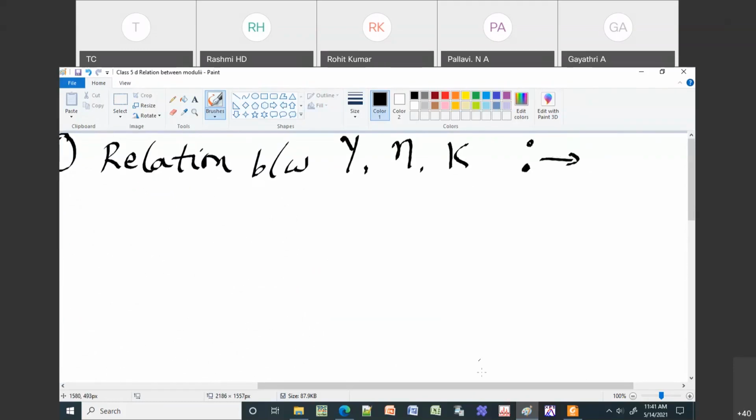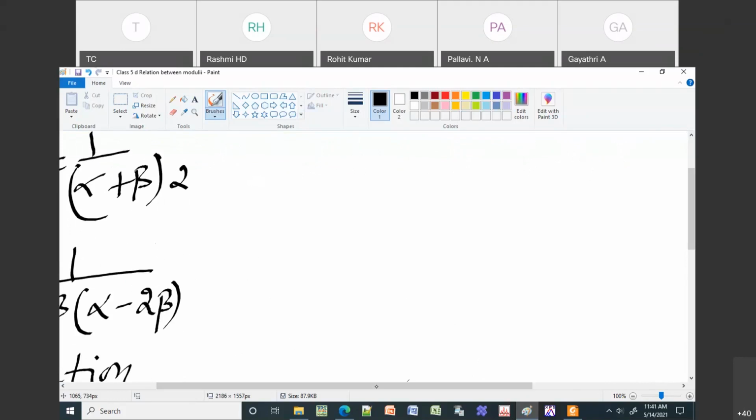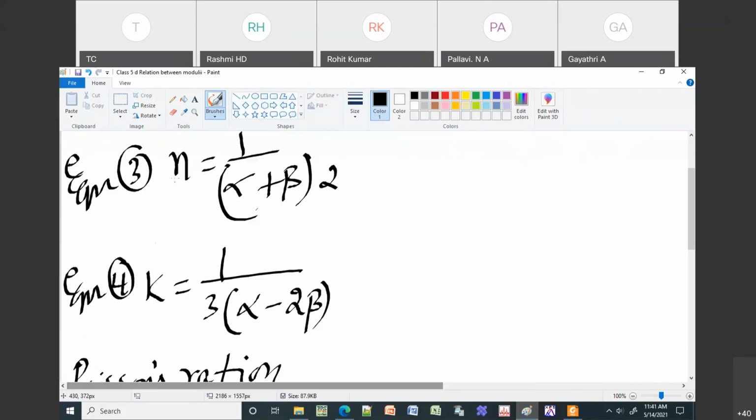For this I will take equation number 3 and equation number 4, and rewrite them to make it a little bit easier to do some mathematics. This one I will write as 2 alpha, so I will just cross multiply.